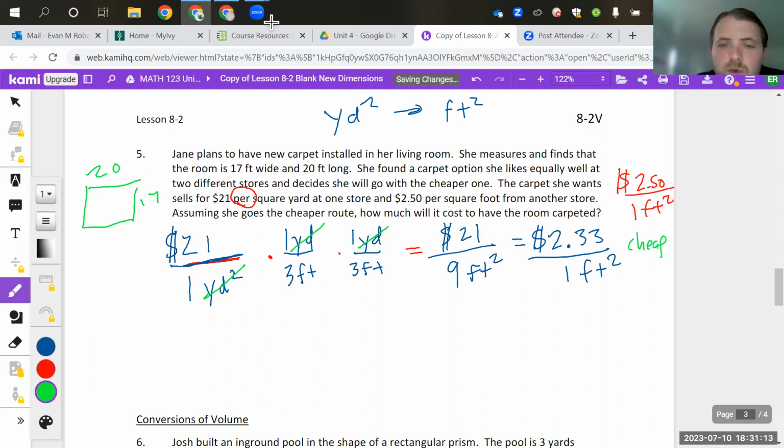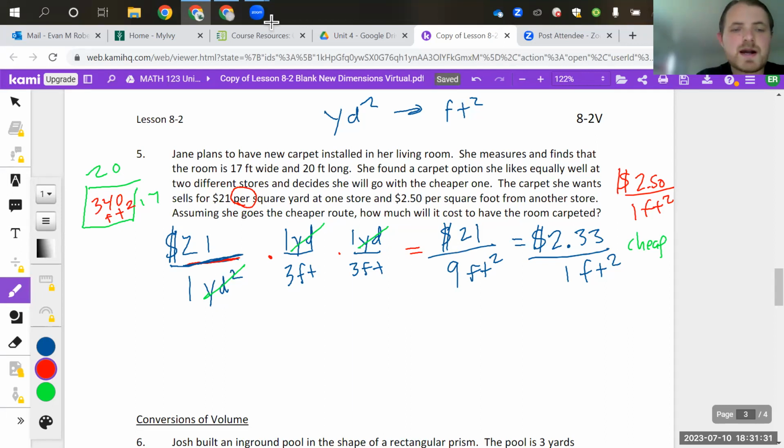So we've got to figure out how much it is going to cost to have that room carpeted. The area of that room is 340 feet squared.